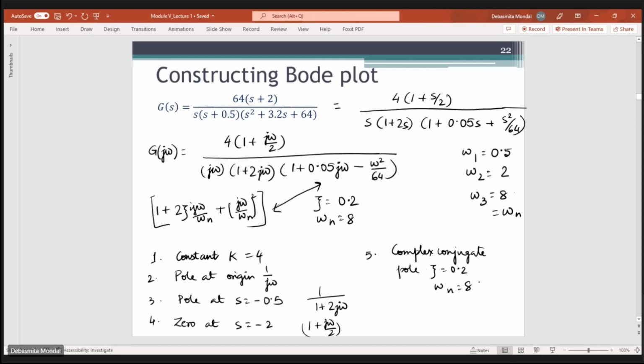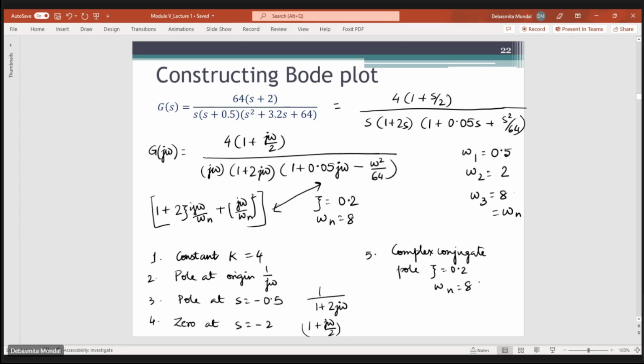Depending on the occurrence of the pole and zero in the S plane, you arrange the factors, and then at every corner frequency you have to see what is the change in the slope of the magnitude response that is happening.